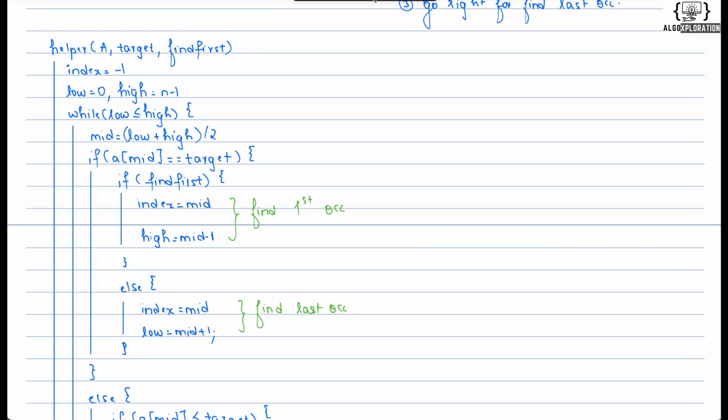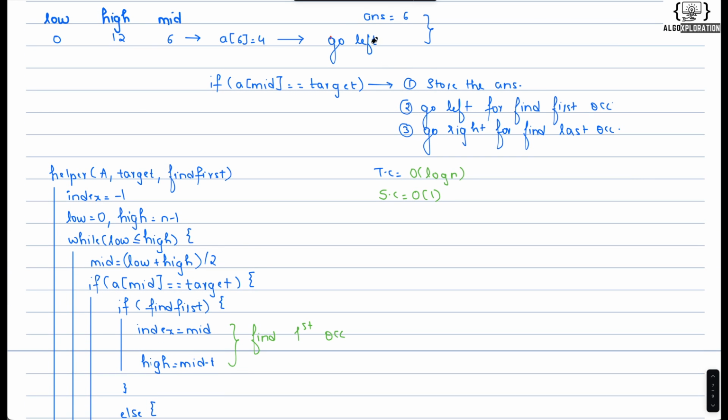So log n plus log n gives us 2 log n. Ignoring the constant, the time complexity will be order of log n, and since we are not taking any extra space, the space complexity will be order of 1. So this was the optimized approach of this problem.